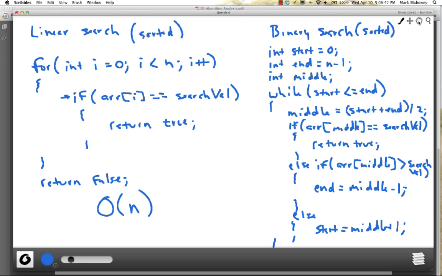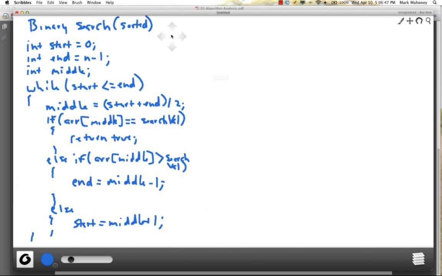And just to give you a sense of how this performs, let's imagine we had an array of, let's say, 1,000 items. I call this the phone book algorithm because every single time we go through the loop, we throw out half of the remaining items.